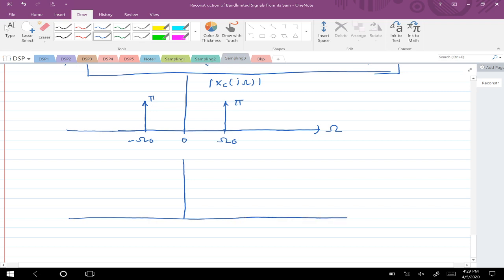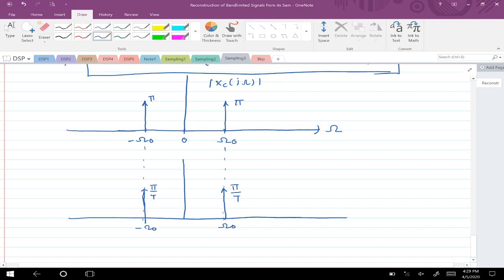What would happen then? The magnitude at omega naught would still come at omega naught only, but its magnitude gets scaled by the value T here. Assume it's a straight line. This is pi by T, at minus omega naught and at omega naught.